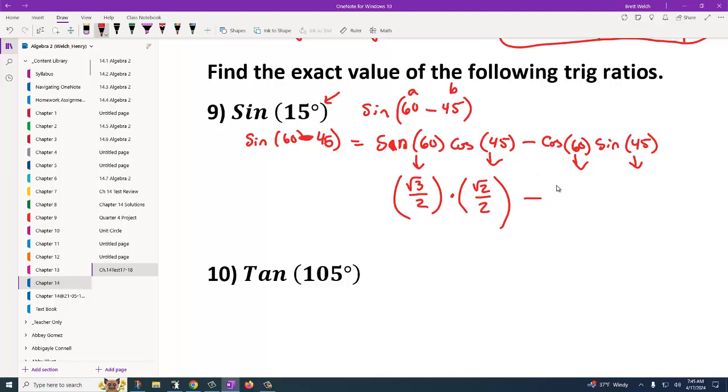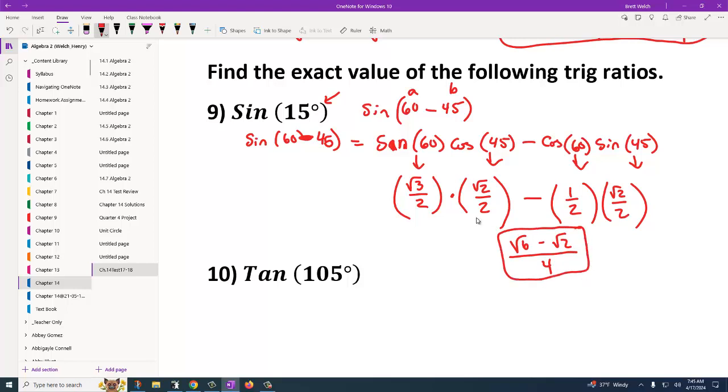Minus the cosine at 60 degrees, which is 1/2, times the sine of 45, which is root 2 over 2. I know that everybody's going to have a denominator of 4. These answers are all the same. Root 3 times root 2 is root 6, minus 1 times root 2 is root 2. And there's my answer.